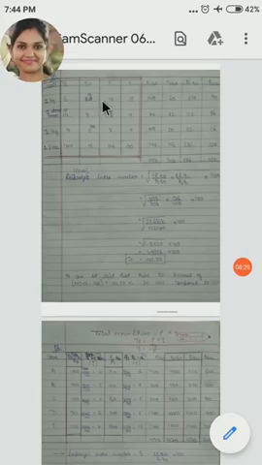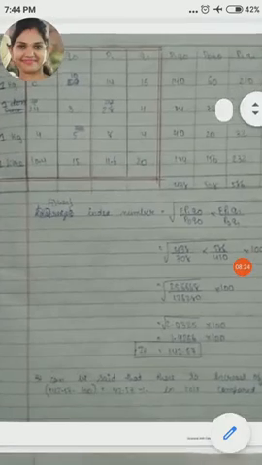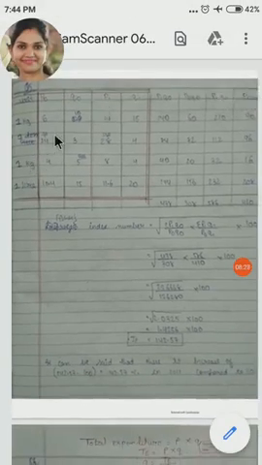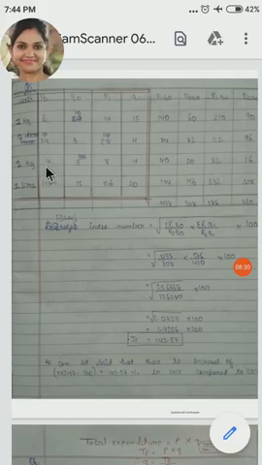6 into 10, it means 60. Then 24 into 3, 72. 5 4s are 20. 10.4 into 15, 156. Okay. P1Q1.